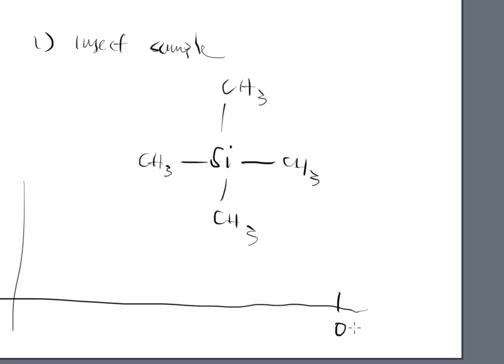This 0 mark is going to be 0 as far as concentration is concerned. This is really setting the starting line, that's what I like to call it. And these terms are going to be in units of parts per million. That is the unit that typically goes on the x-axis of the NMR spectrum.